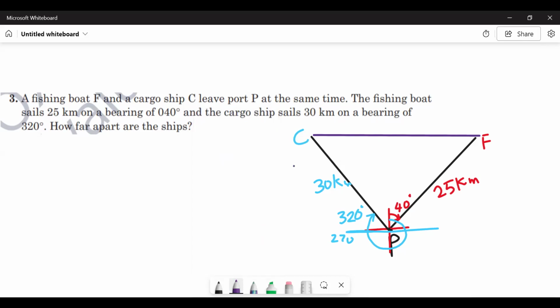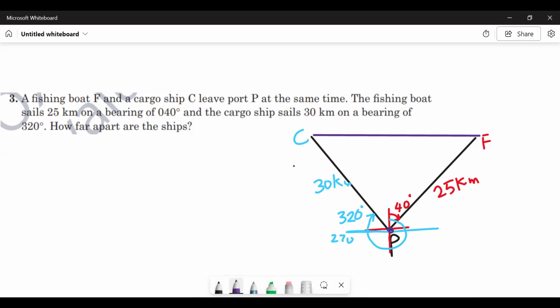They are leaving point P. The fishing boat is moving at a 40 degree angle, and its distance from point P is 25 kilometers.